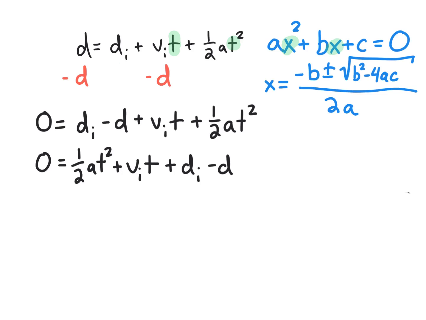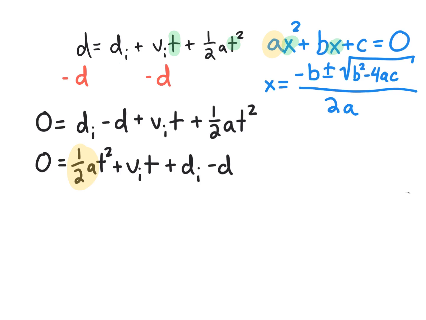And so in this equation, half of acceleration is going to be taking the place of the a here, because it's multiplying t squared, just like this a is multiplying x squared.